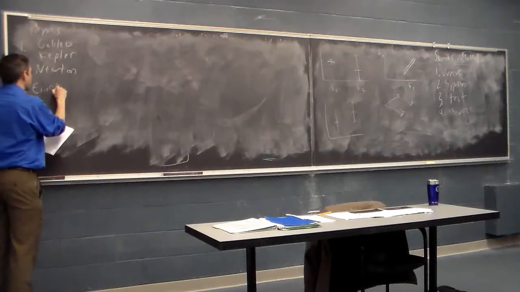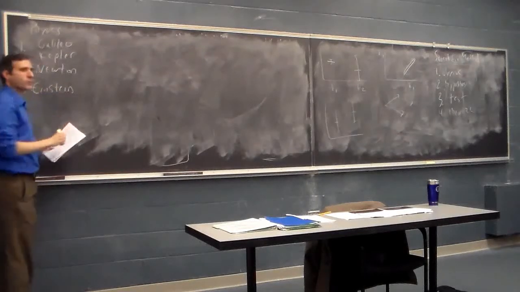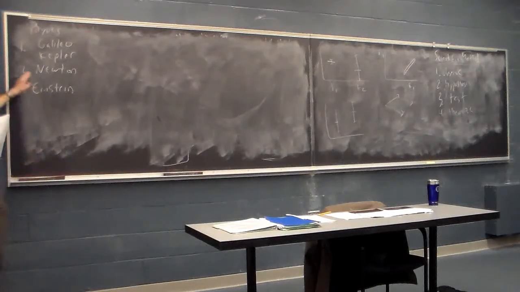Eventually, Einstein came along and developed general relativity, which said that Newton's law wasn't exactly right. It was right within the domains we could easily observe, but there were special cases like near very large gravitational bodies or very high speeds where Newton's law wasn't actually quite correct.